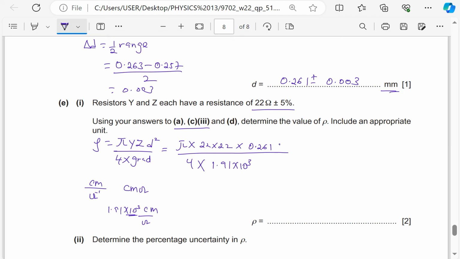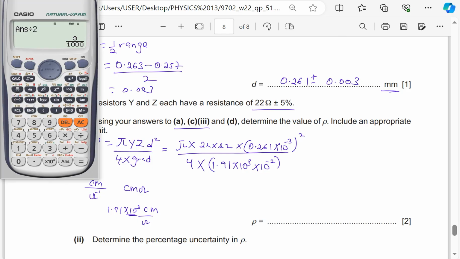So I'll simply multiply by 10 to the power of minus 3 to change this to meters, and I'll also change the gradient by times 10 to the power of minus 2. This is the gradient, so that now this is in meters squared, and this is going to be in meter ohms. Okay, let me just press my calculator.